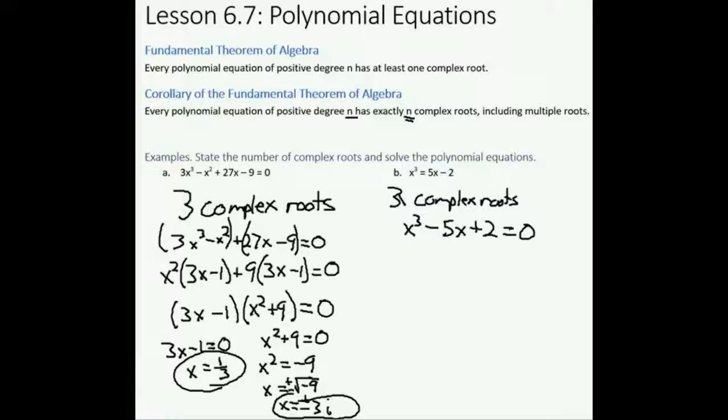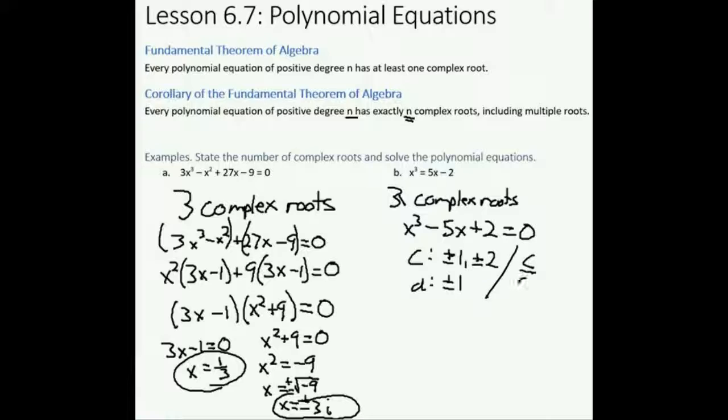Here we cannot do factoring by grouping. So what we'll do is we have C. Our possibilities for C are plus or minus 1 and plus or minus 2. Our possibilities for D, which is the leading coefficient, is just plus or minus 1. Well, that's pretty easy.